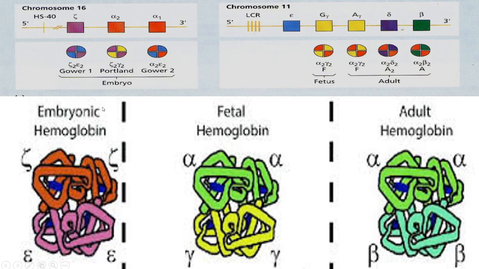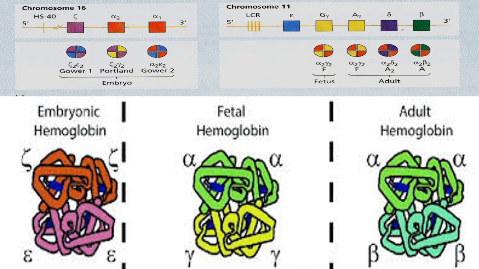Now we can see different Hb expressed during different developmental stages of humans. In the embryonic stage, we can see zeta 1, zeta 2, epsilon 1, epsilon 2, alpha 1, alpha 2, gamma 1, gamma 2, and alpha 1, alpha 2, beta 1, beta 2.